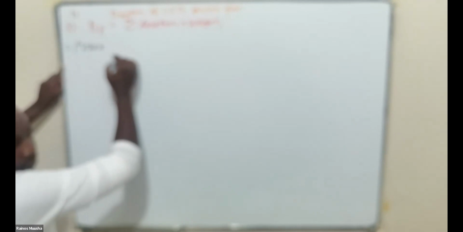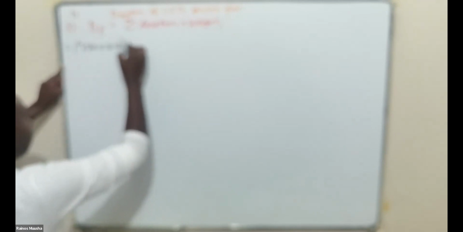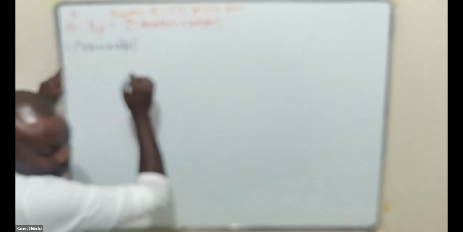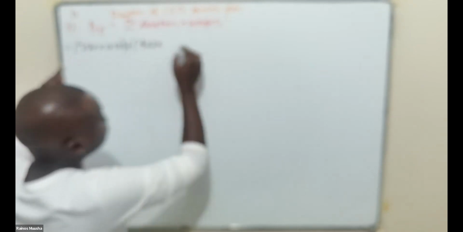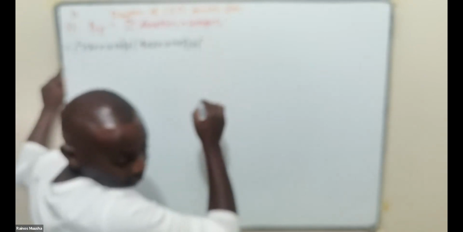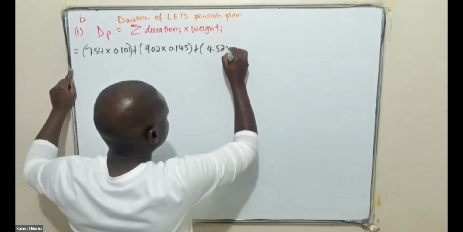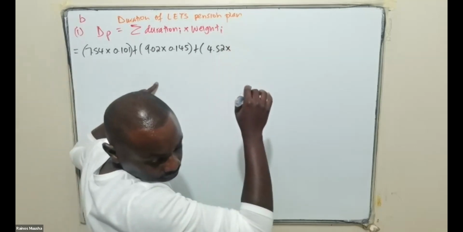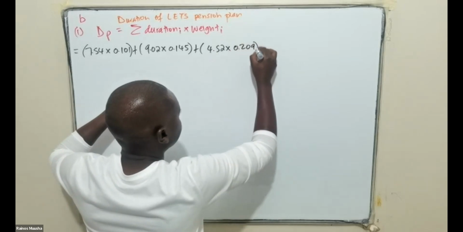the duration of the portfolio is going to be equal to, for the first asset, a duration of 7.54 and a weight of 10.1%, as a decimal is 0.101, plus the second asset is a duration of 9.02 and a weight of 14.5%, which is 0.145. The next asset is a duration of 4.52 and a weight of 20.9%, which is 0.209.